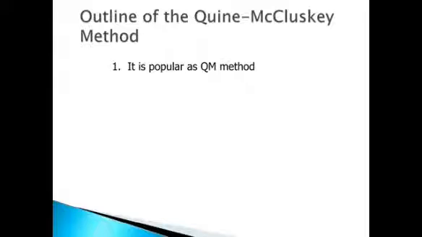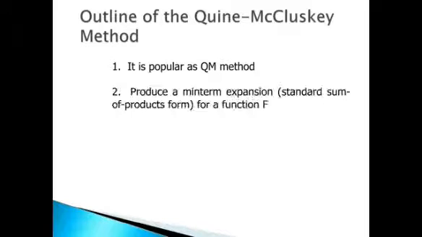We know that there are two kinds of standard forms, that is sum of products and product of sums. But in this case we prefer the sum of products form, which makes it faster than the K-map method.